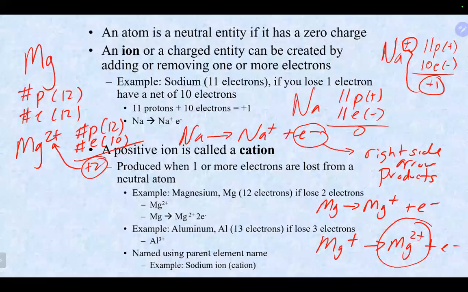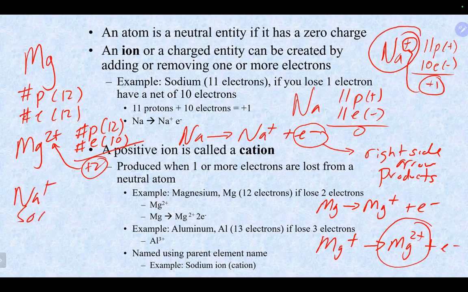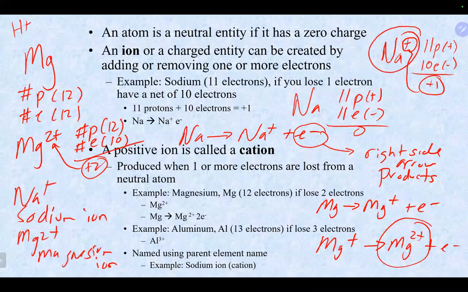So Na+ would be our sodium ion. Mg2+ would be our magnesium ion. And even H+ would be the hydrogen ion.